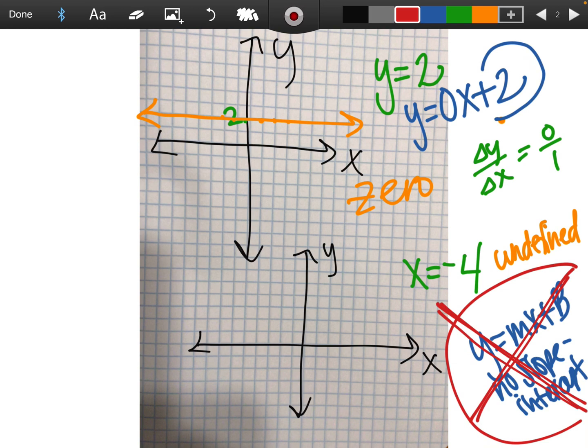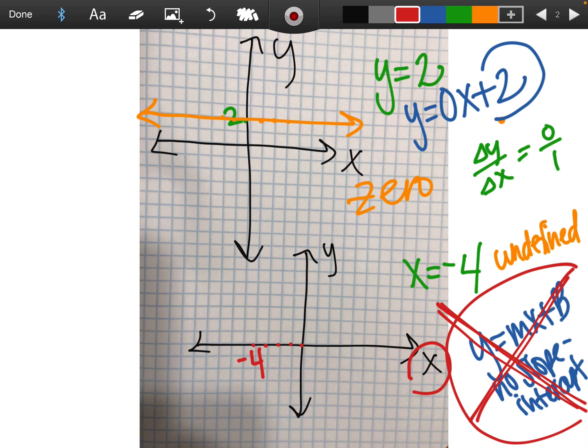You cannot use slope-intercept form at all to write the equation for this line. So I'm going to put here, no slope-intercept form. And I wanted to let you know that this is the only line that cannot be written in slope-intercept form, the only line.